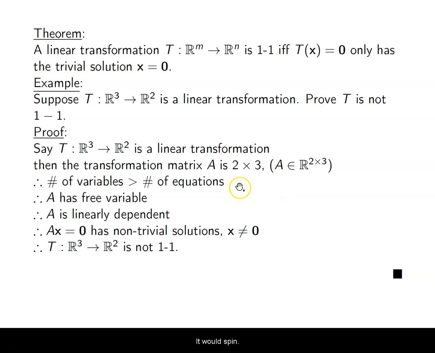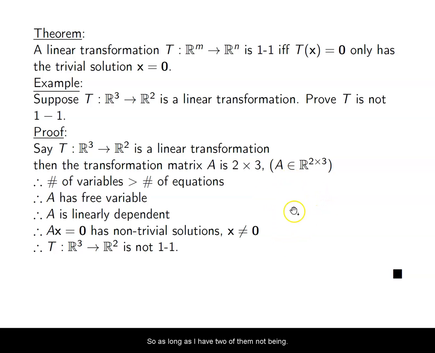It would span because I have 3 column vectors in two variables, 2 entries each.